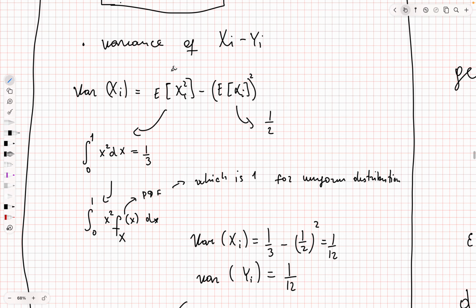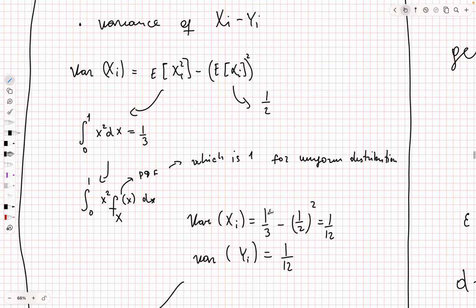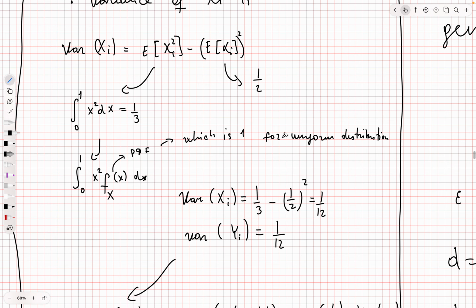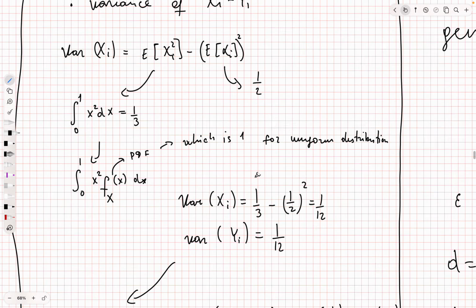And then we come back and write: 1 over 2 is the expected value squared, it's just the expected value. And we write it back here, 1 over 3 minus 1 over 2 squared, which is 1 over 12. And with the same pattern, the variance of yi is also 1 over 12.